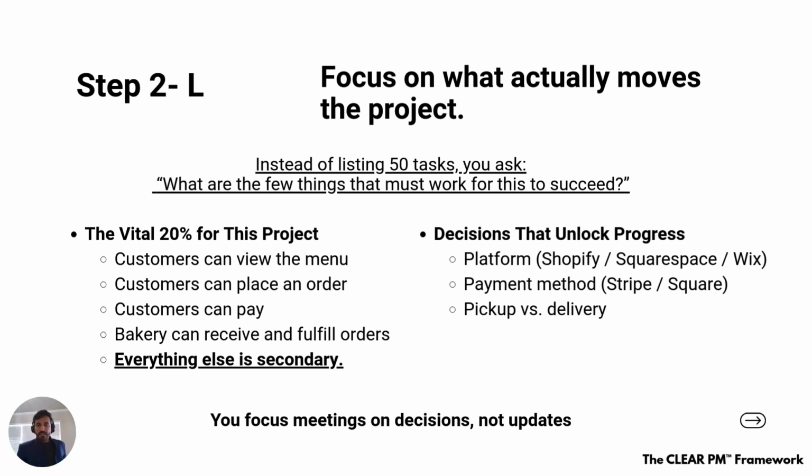Pickup versus delivery: do I need a pickup option only, or pickup and delivery both? If I'm going to put in a delivery module, it may take extra days of development effort, so we need to clarify that in our discussion.